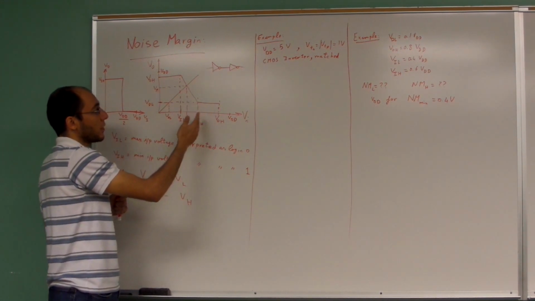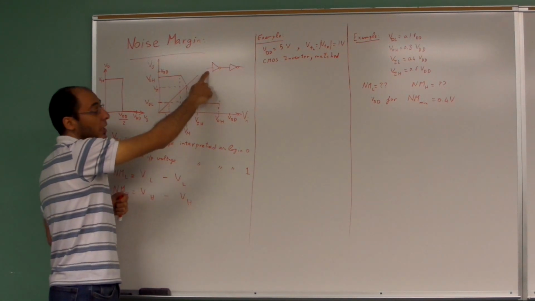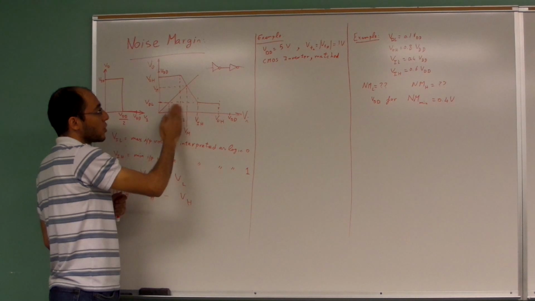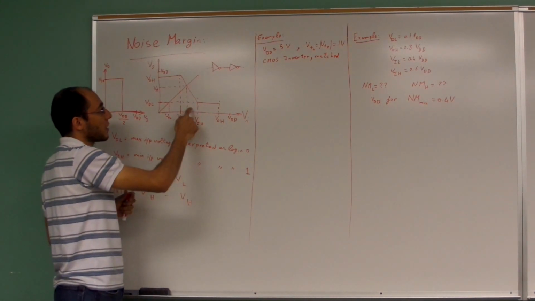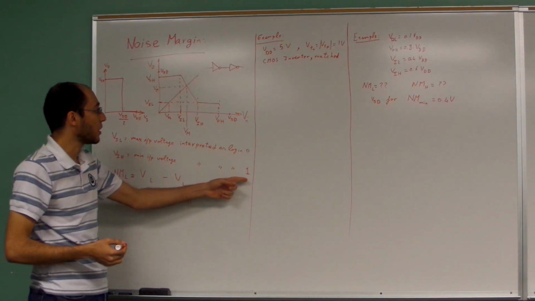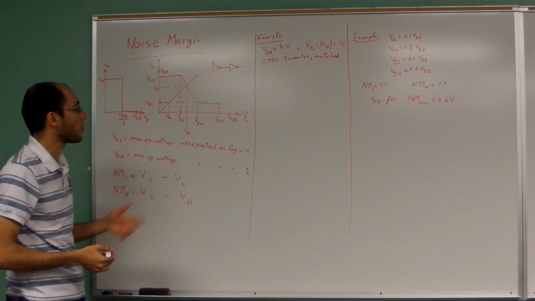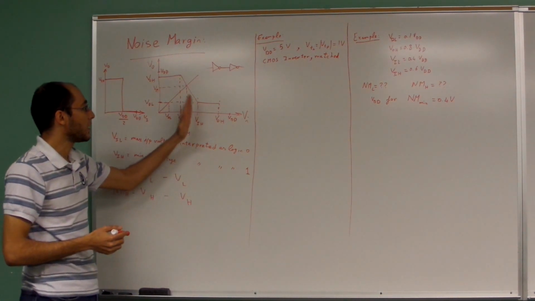If you feed the inverter with a voltage less than V input high, a value less than this threshold, the gate may interpret it as logic 0 or logic 1. It's ambiguous, and that's why it is a threshold value.